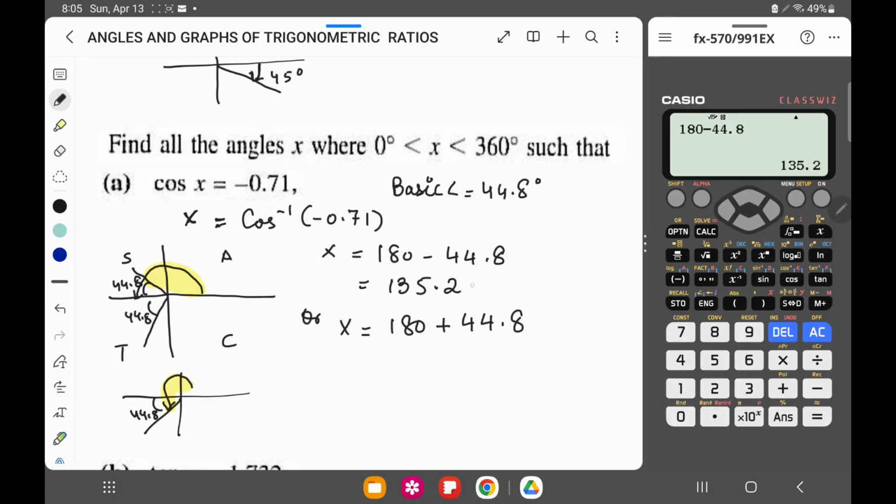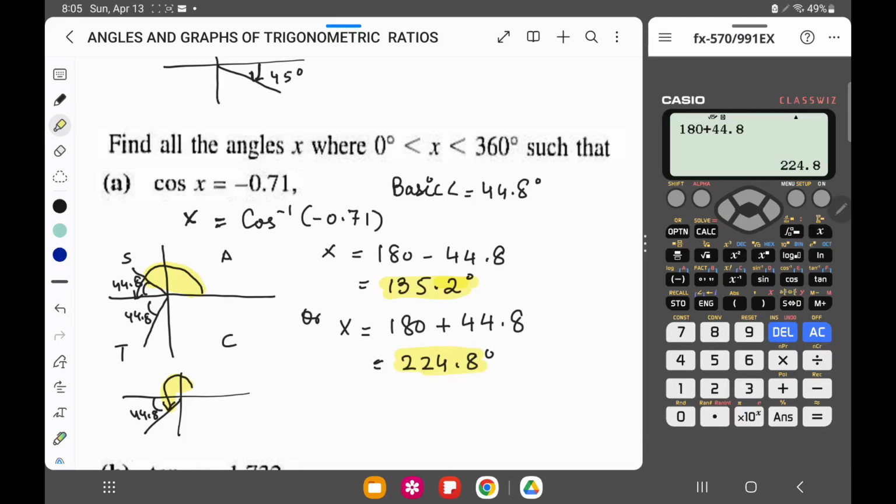The other one is 180 plus 44.8, which is 224.8 degrees. These are the two answers whenever your cos is negative. I hope you have understood.